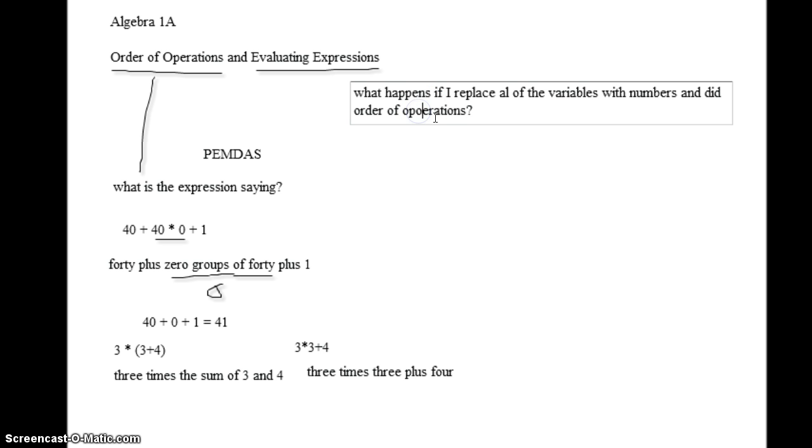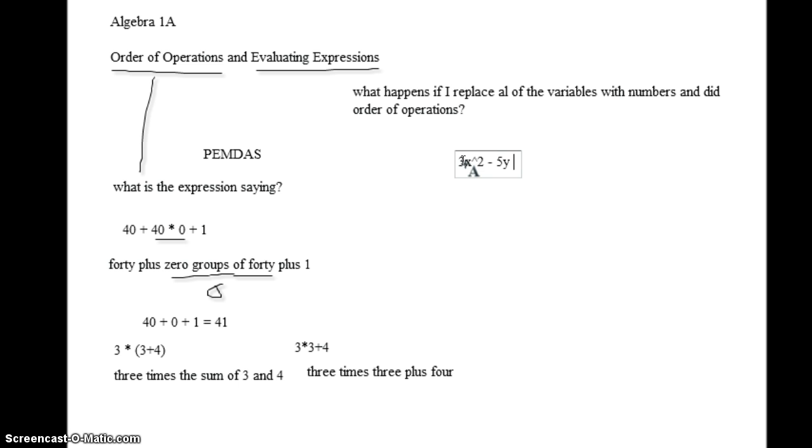So in other words, if I had 3x squared minus 5y plus 2z cubed.